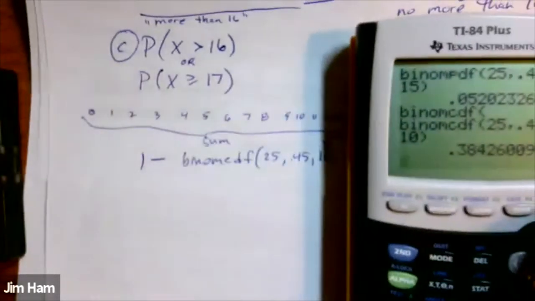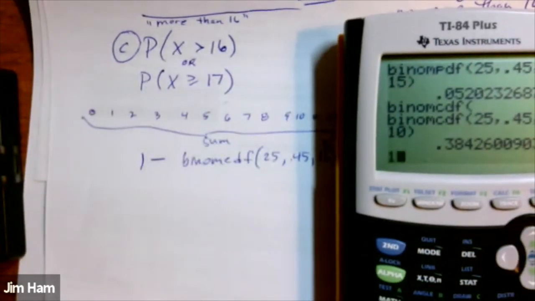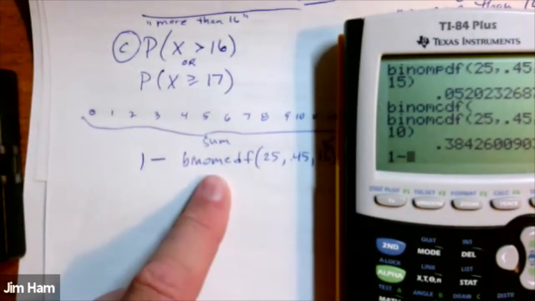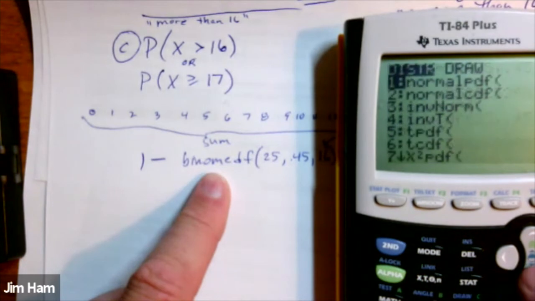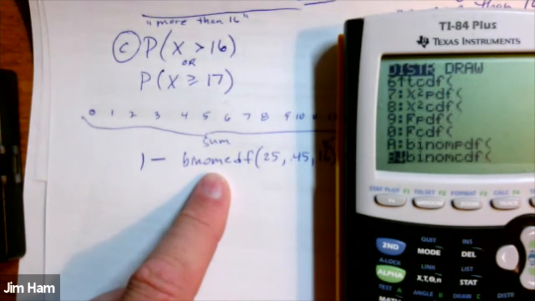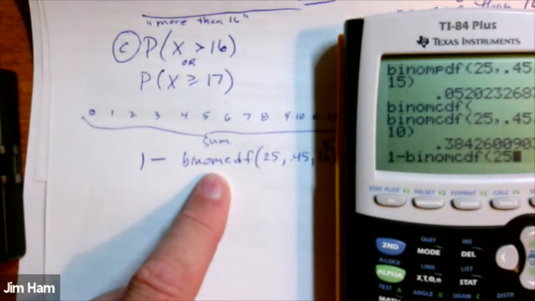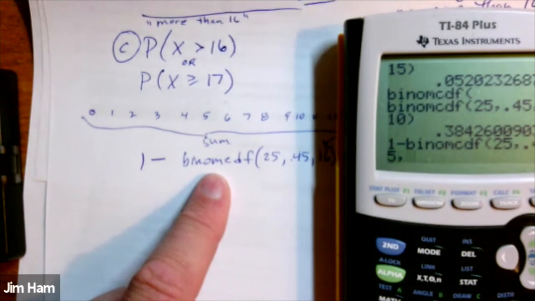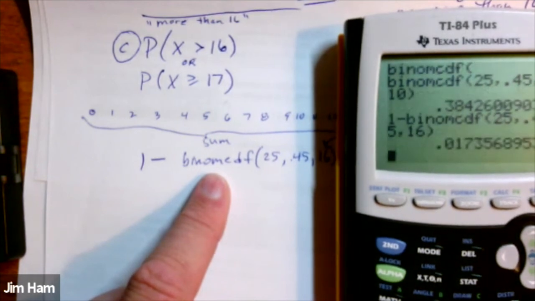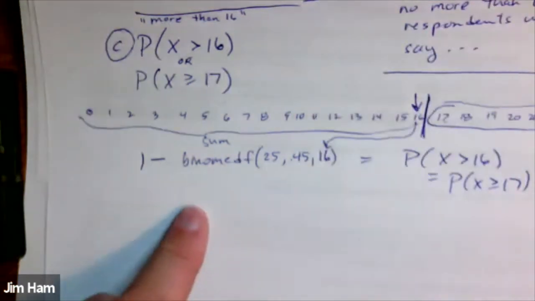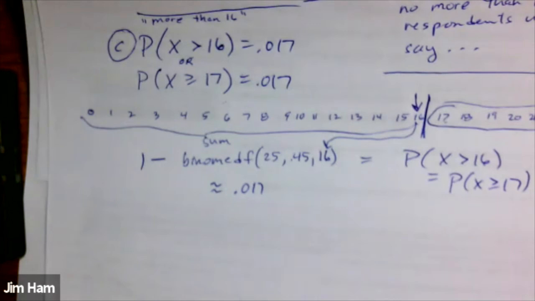All right, so let me calculate that here. 1 minus, and we're going to go to the distribution menu, CDF, 25, .45, and ending at 16. And there it is, 0.017. So all of these would be 0.017.